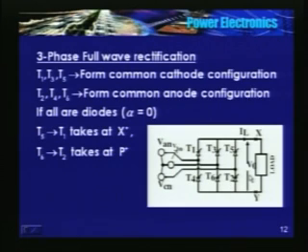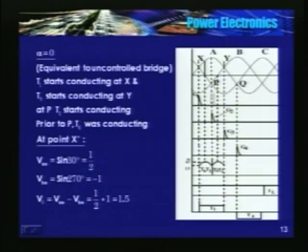In a common anode configuration, the device whose anode potential is least will start conducting or can be triggered. Similarly, in a common cathode configuration, the diode whose anode potential is maximum will start conducting.